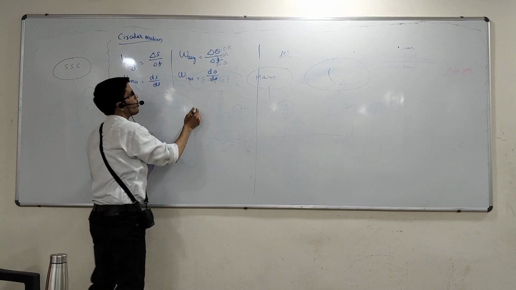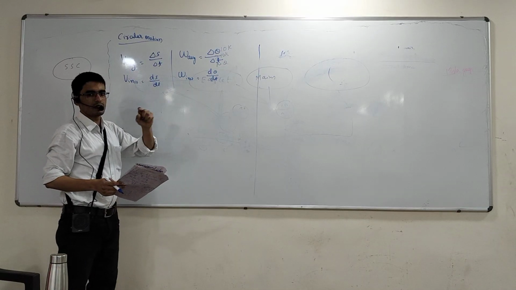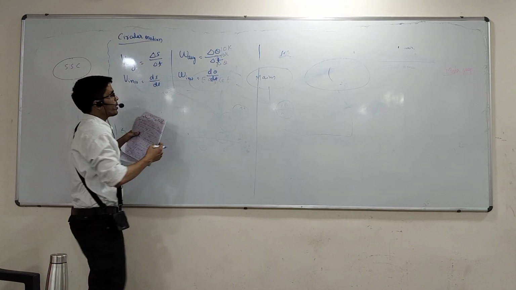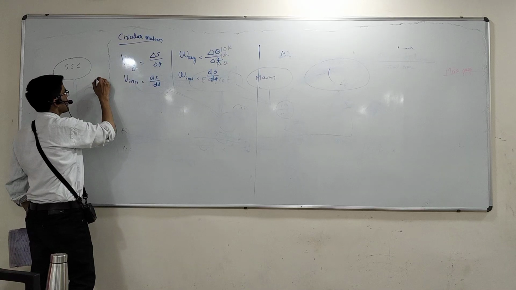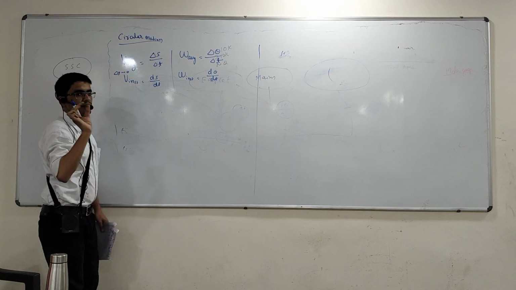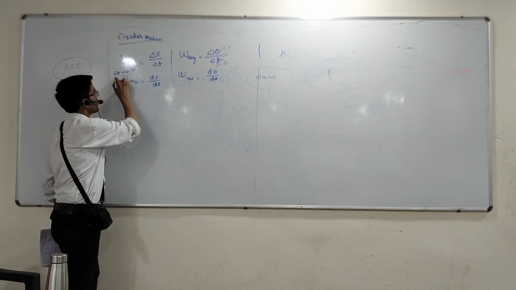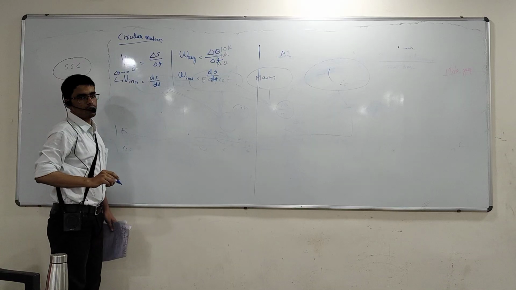What is the difference between average and instantaneous? Instantaneous means for one instant. Suppose delta t is tending to 0, very small, then we can use the instantaneous value.